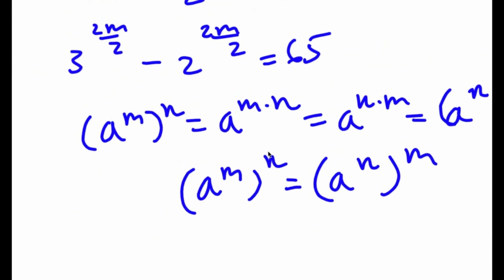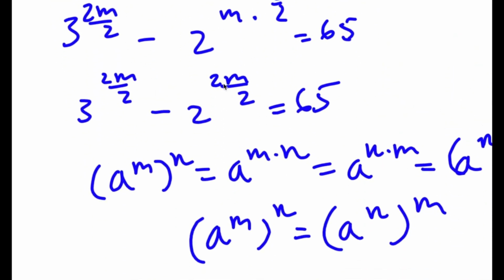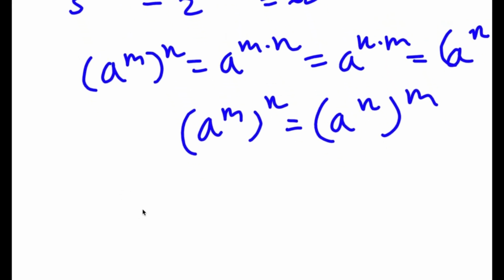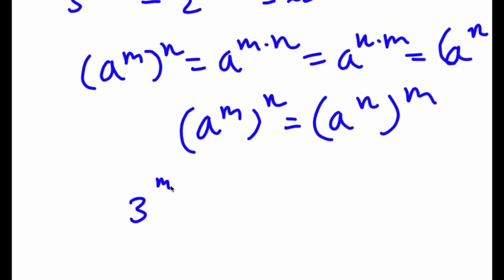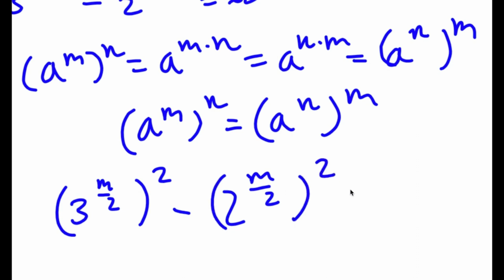So right here, I have m times 2 over 2, so we could actually rewrite this as 3 to the power of m over 2 to the power of 2 minus 2 to the power of m over 2 to the power of 2 is equal to 65.